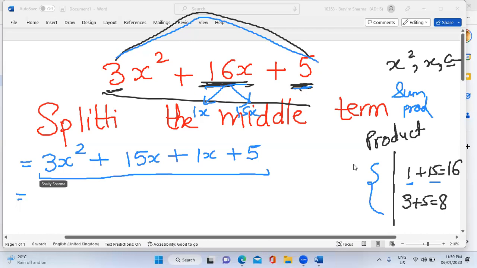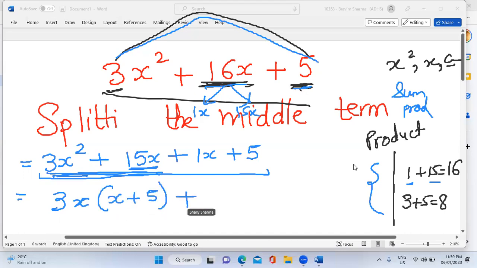Now look for what we can take common from the first 2 terms. We have 3x squared and 15x, and I can see that 3x can be taken common. If you are good with my first factorization lesson, then you would be able to do this part. So it will be x plus 5 inside. Then plus, now we have 1x plus 5. There is nothing common, so we can just write 1 as a common number, so 1 times x plus 5.